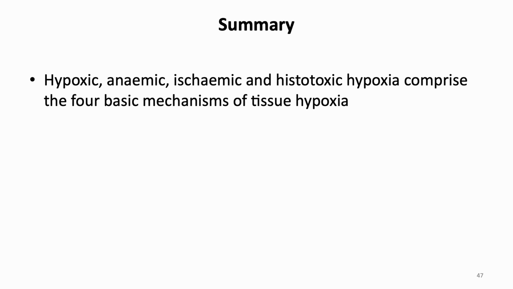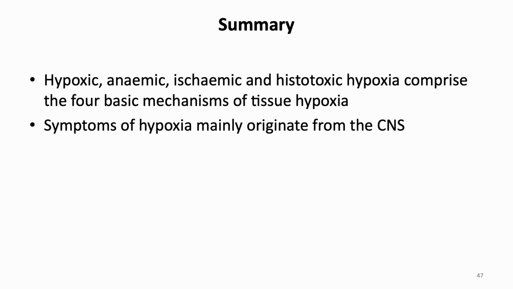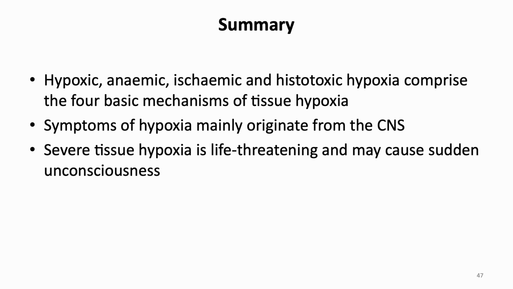So in summary, the four basic mechanisms of tissue hypoxia are hypoxic, anemic, ischemic, and histotoxic hypoxia. The symptoms of hypoxia mainly originate from the CNS, and severe tissue hypoxia, because it mainly affects the brain, is life-threatening and may cause sudden unconsciousness.